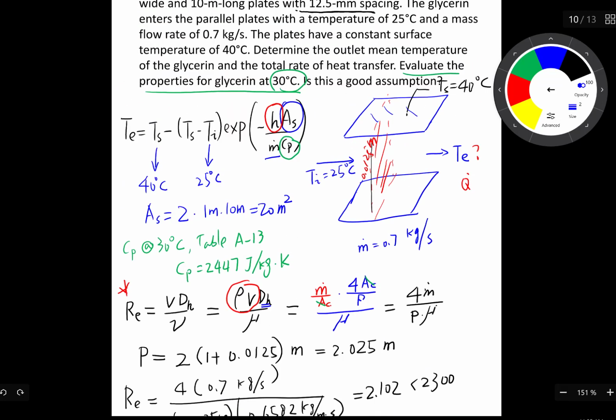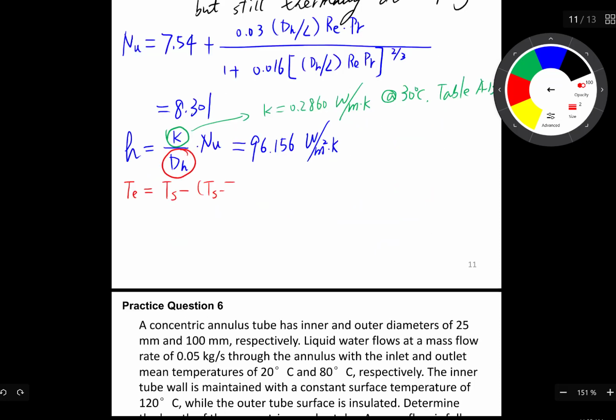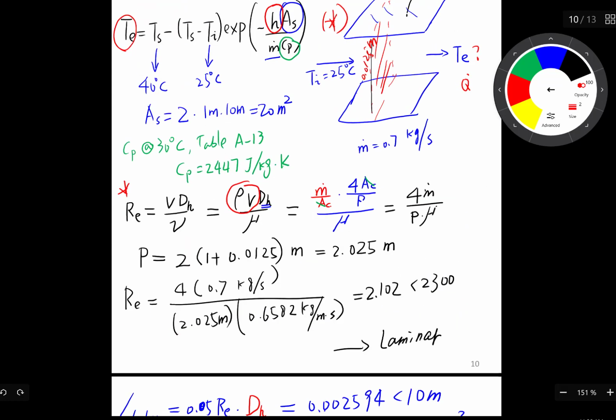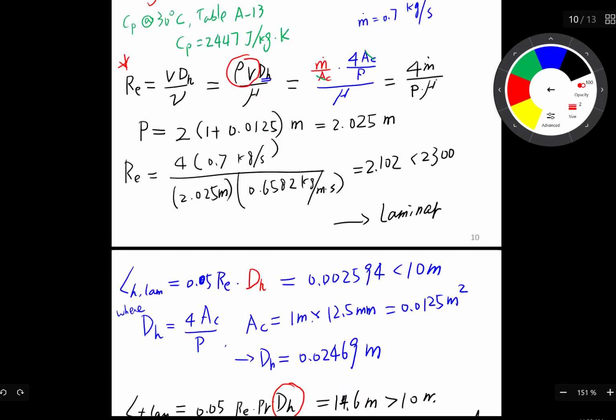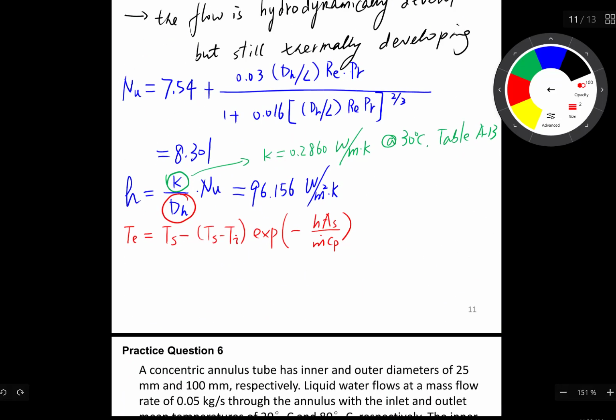So now we have h. We can use this equation to find T_e. Again, we have already had A_s and all the other properties.